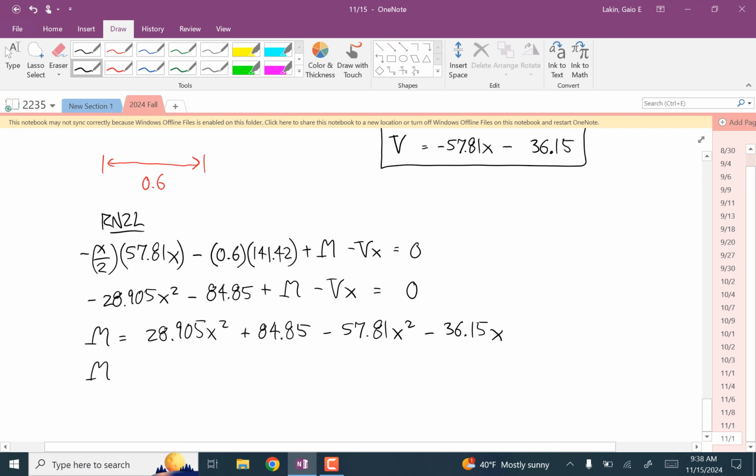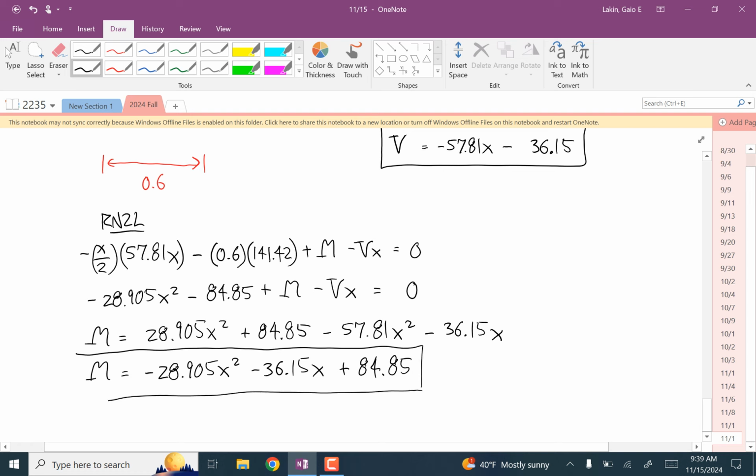And so m is equal to negative 28.905x squared minus 36.15x plus 84.85. Okay.